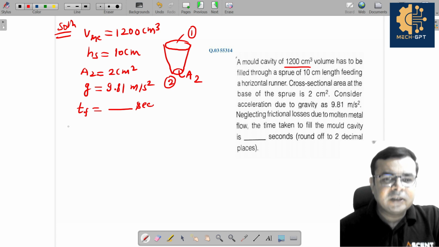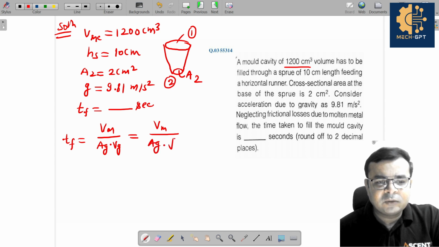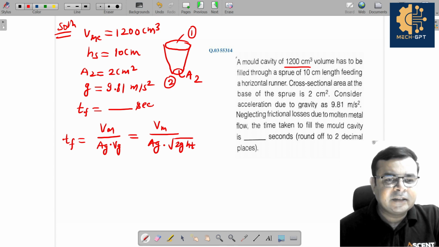If I assume this is a top gate, then the filling time can be written as the volume of the mold cavity, Vm, upon Ag into Vg, which is the velocity at the gate. Simply it can be written as the square root of 2g Ht, and since no Hc is given, can I say Hs itself acts as Ht.